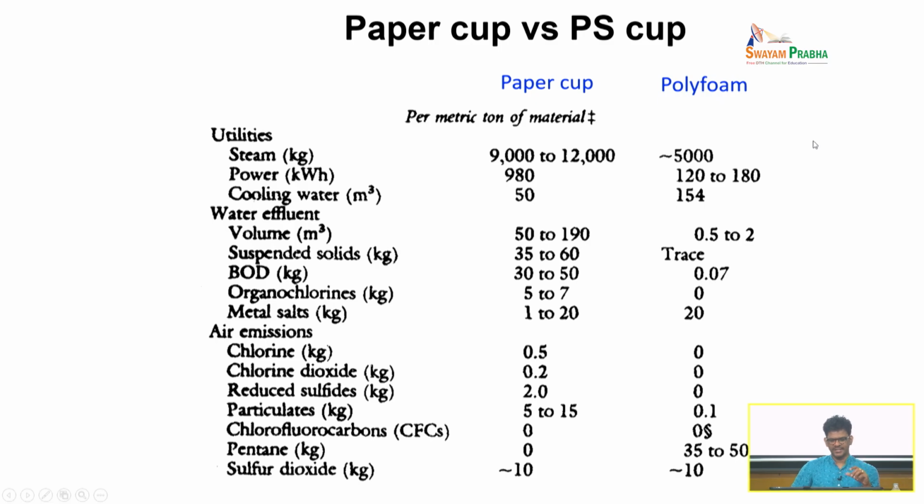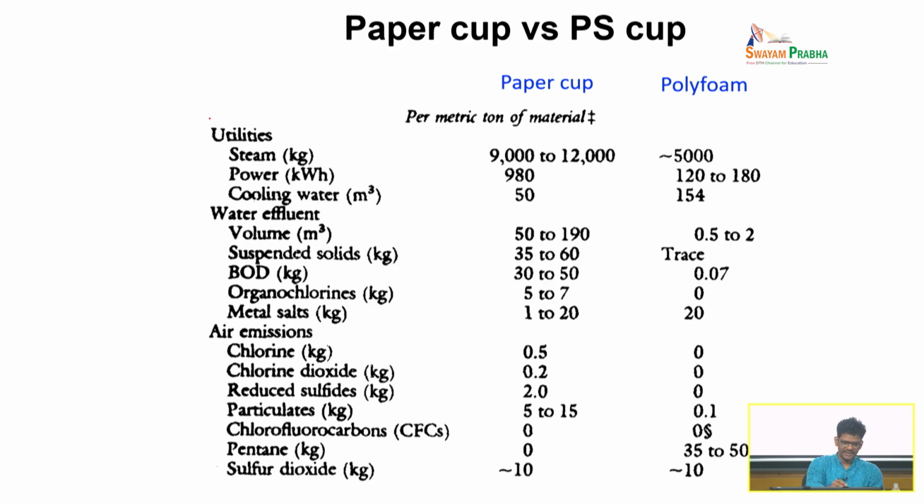One thing you will note is that the way this comparison is made is a little different from the other tables I have shown before, because those tables were based on some LCA software, SimaPro, GaBi and others, but this is an older study, maybe from before this software came. So this was probably done by hand or by other local codes or something. So you can see that they are trying to compare between paper cup and polyfoam.